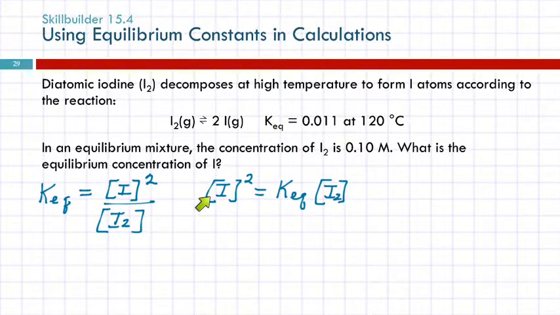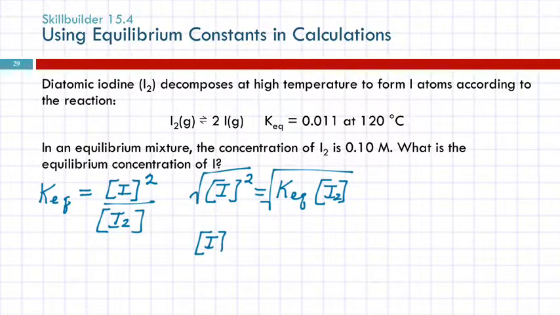Here I have what I want, but it's squared. How do I undo a square? Square root. Square and square root are the opposite functions of each other. So what I'm going to do is take the square root of both sides. The square root of something squared is just the something.